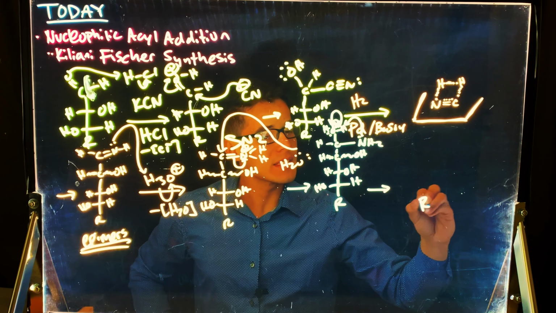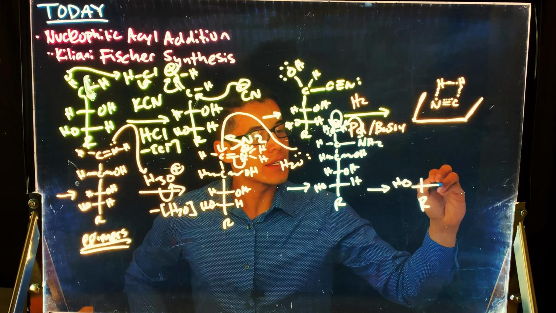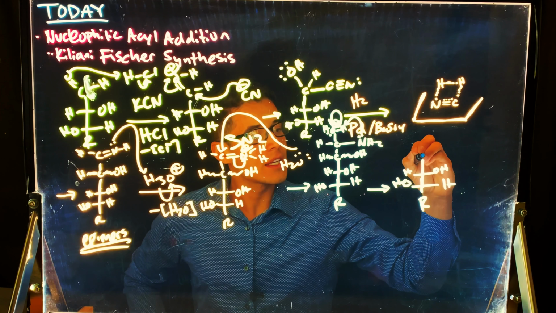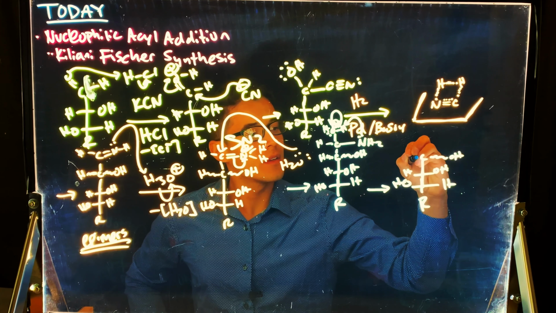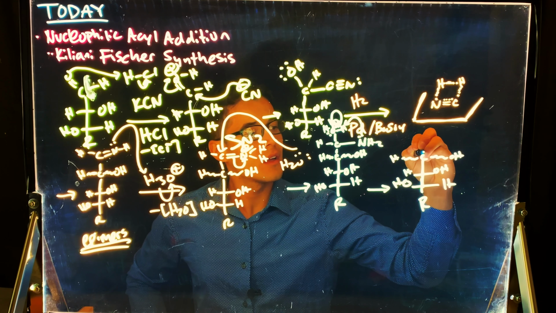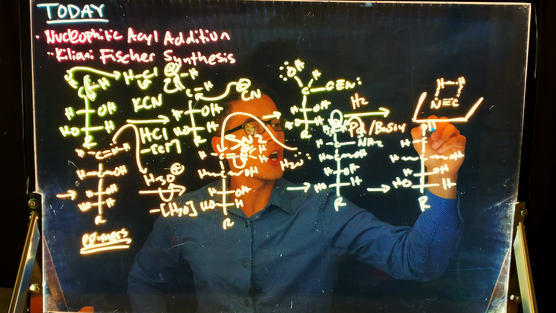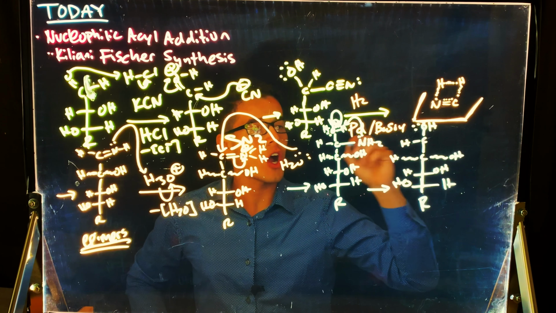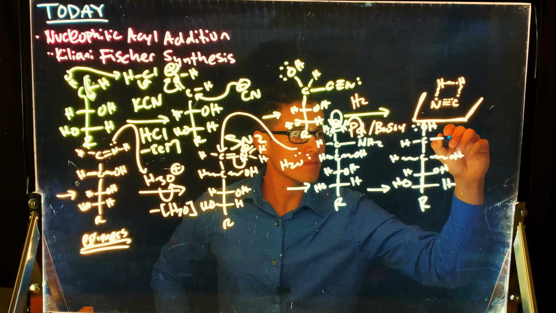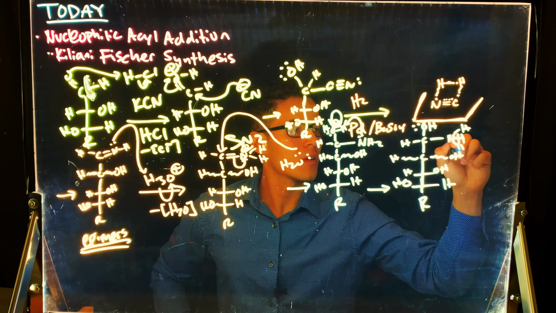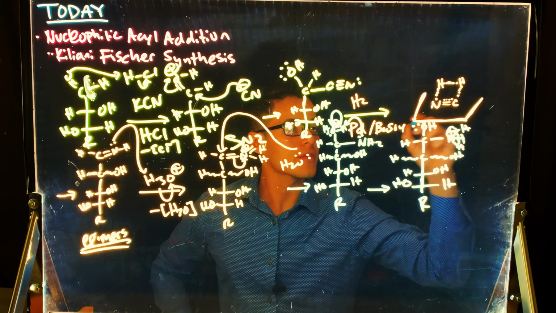Perfect. Let's see what we get. Here's our OH. Here's our epimeric carbon. Carbon with the H. We now have an OH. Oxygen's happy. And this nitrogen has 3 bonds, so formal charge of a positive.